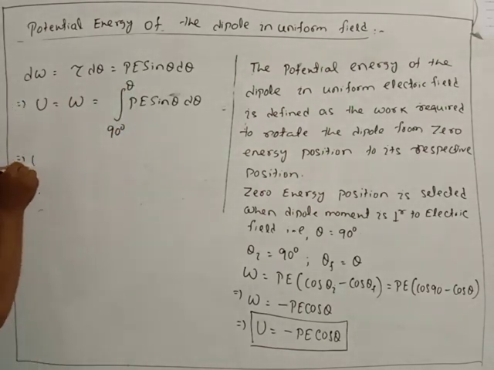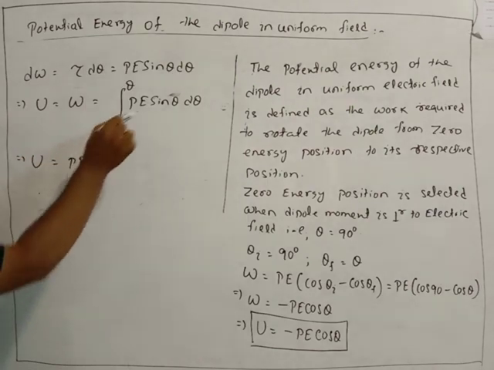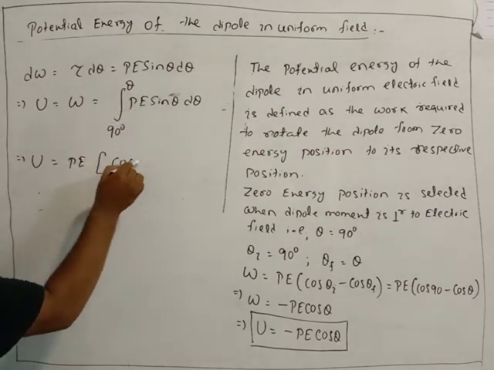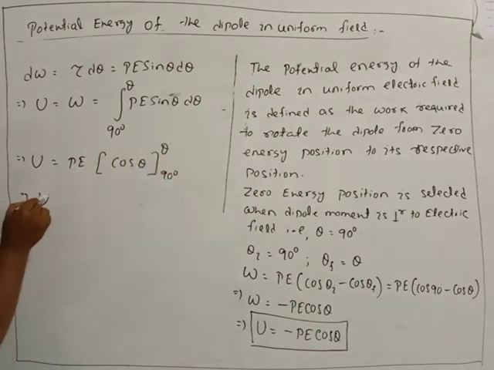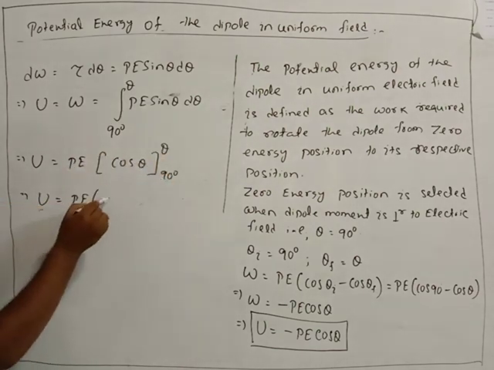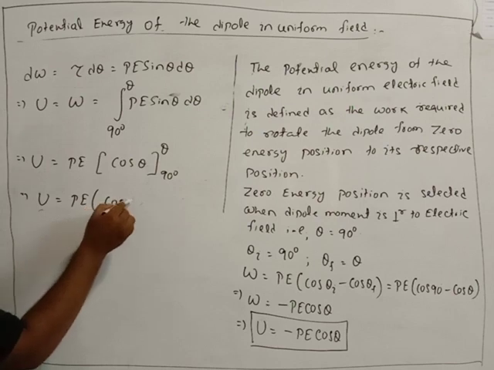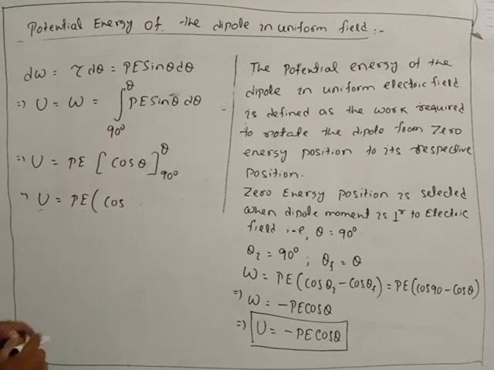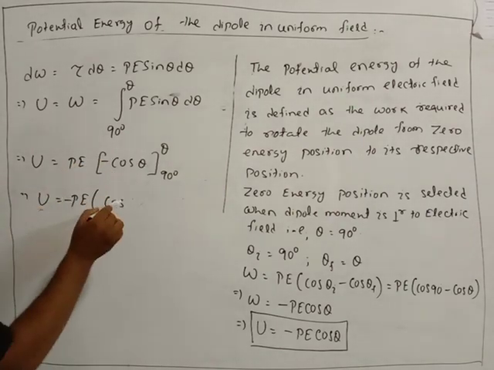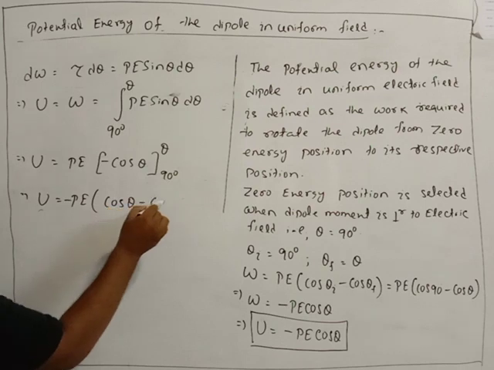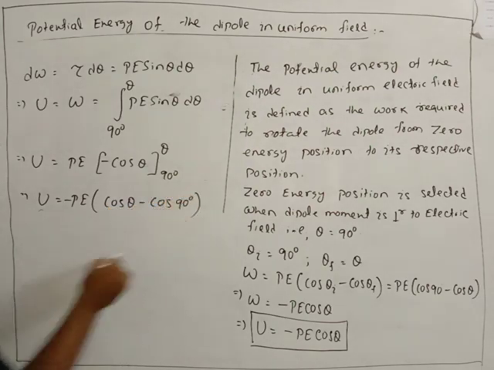So you will get U equals P times the integration of sin theta, which is minus cos theta, from 90 degrees to theta. So U equals minus P cos theta minus cos 90.